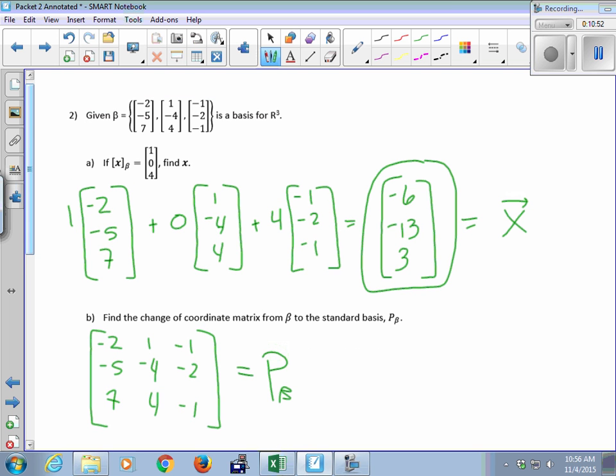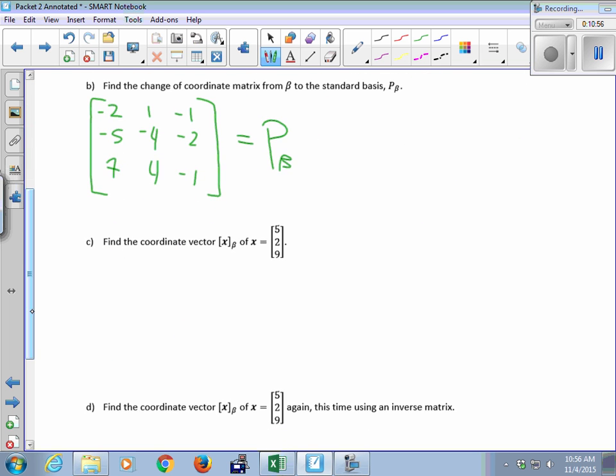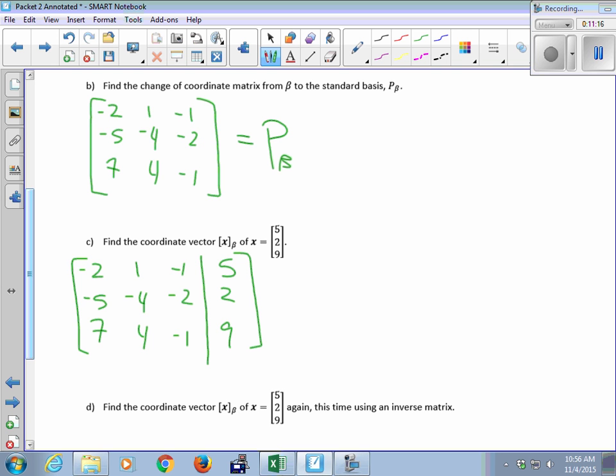Basically, I'm asking you, what weight should you put on beta to make x? Yeah, so that one I would augment. I would take my P sub beta, augment with 5, 2, 9, and that will give me the weights, right?